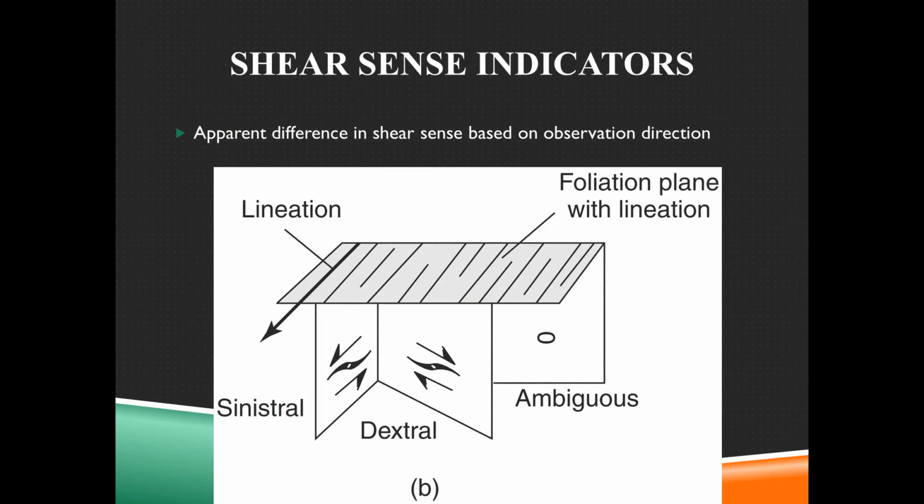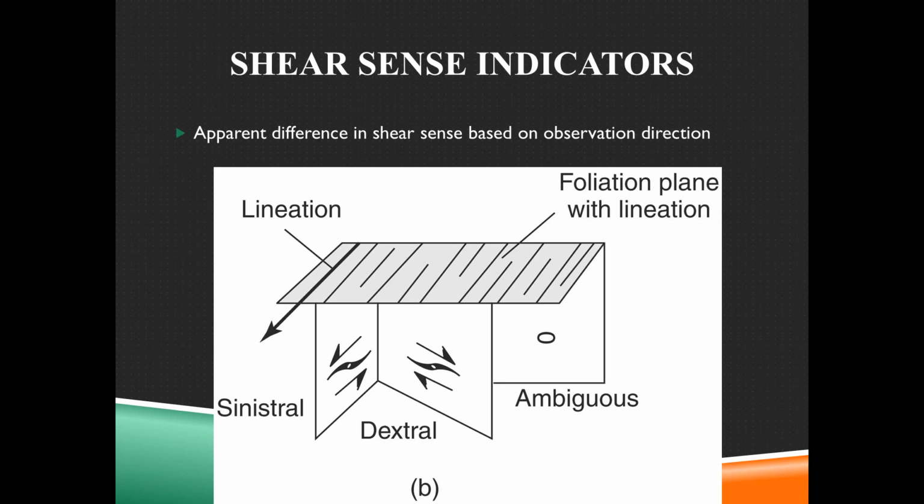Unlike standing on the surface of the Earth looking at a transform fault, where it doesn't matter which side of the fault you stand on, it's the same sense of motion. Now it's almost as if you could be standing with your feet at the ground surface, but your body is down into the ground, so you're like inside the Earth looking up at the surface, and now the sense of motion is reversed.